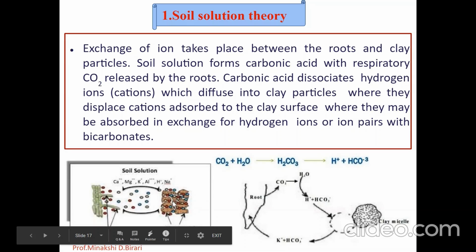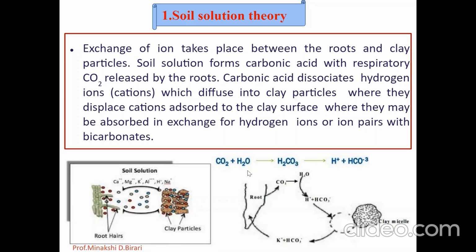Carbon dioxide released in respiration of root forms carbonic acid by reacting with water of the soil solution. So CO2 plus H2O forms carbonic acid, H2CO3, and whenever it dissociates, there will be the formation of a cation and an anion, that is H plus and HCO3 minus.